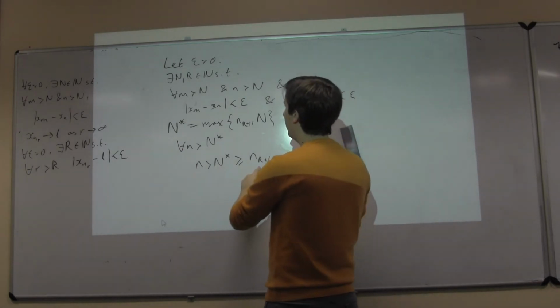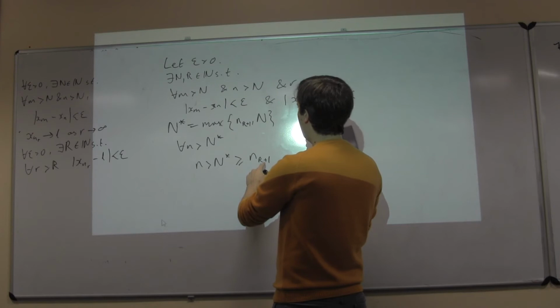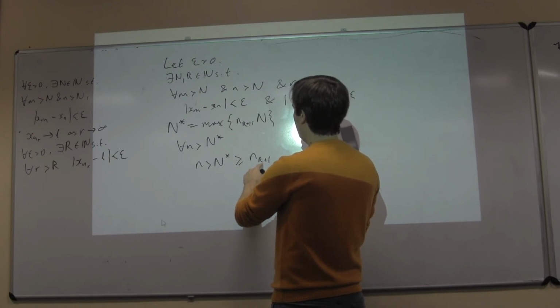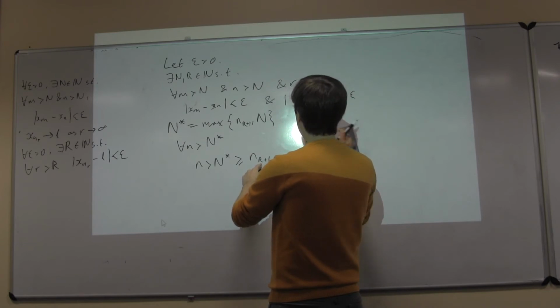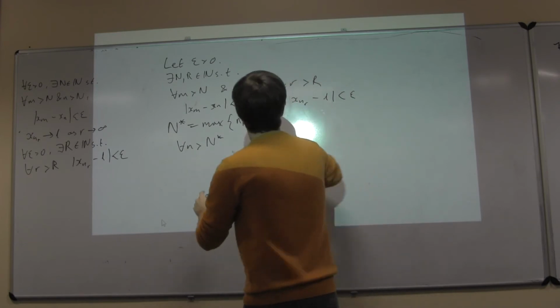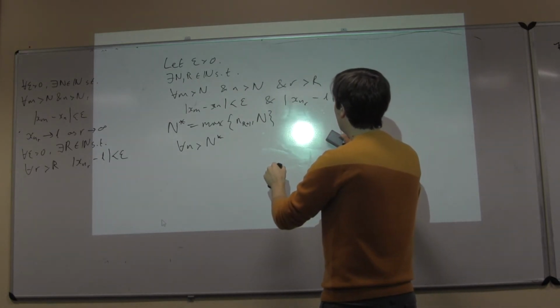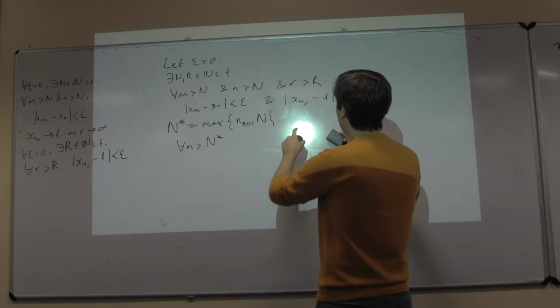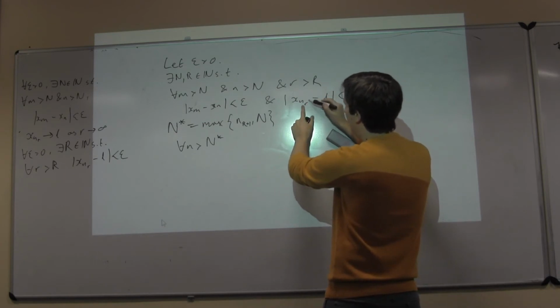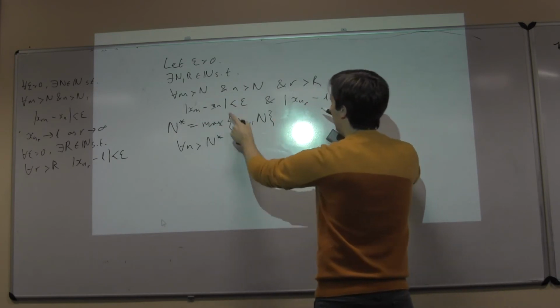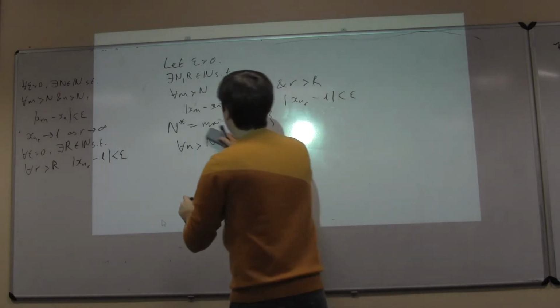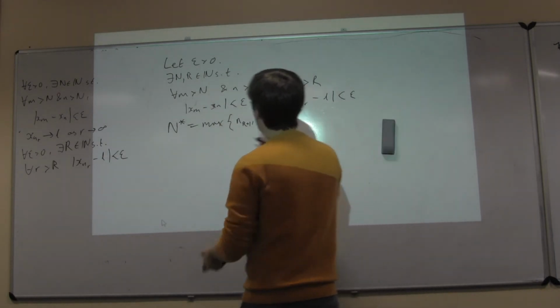What we need is that n_r is bigger than n, bigger than capital N. So that's rubbing around.